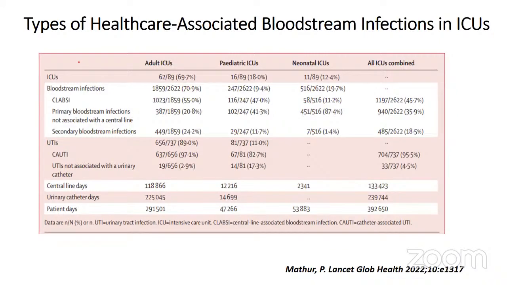So CLABSI is higher in the pediatric and adult groups. But if you look at neonates, 87% of neonates with positive cultures usually do not have central lines. I think that's because not many babies are having central lines.